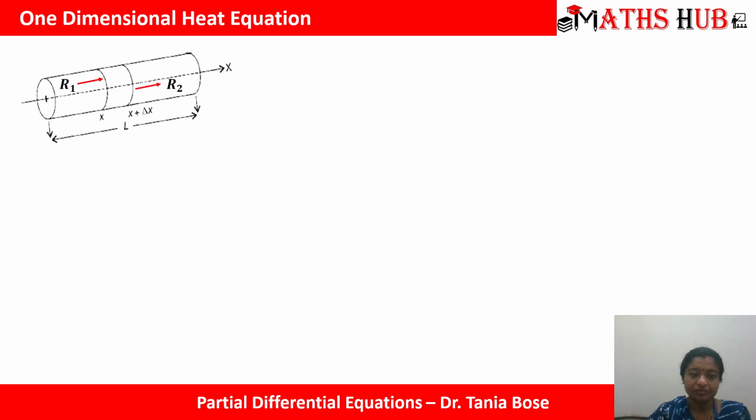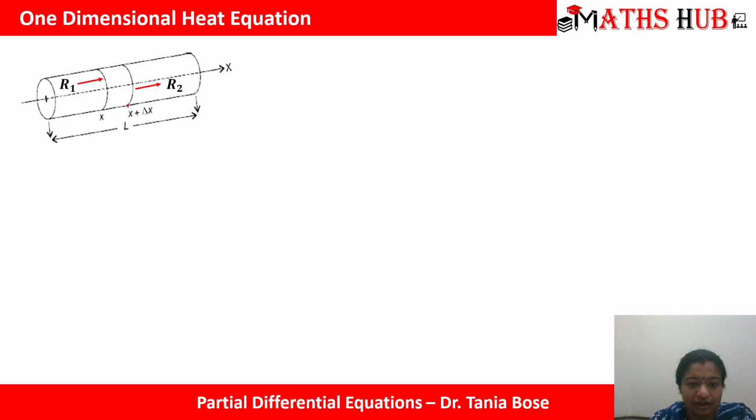Now, we assume that in this slab, this point is x and this is the change delta x, so this point is x plus delta x. Here, R1 is the rate of inflow of heat, and R2 is the rate of outflow of heat.